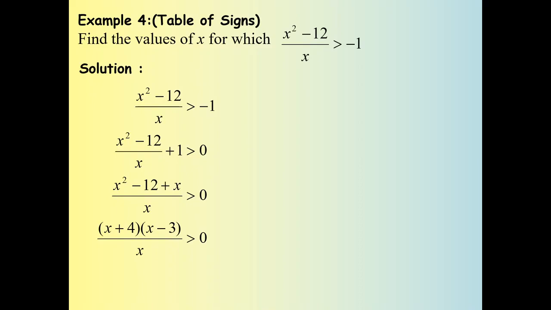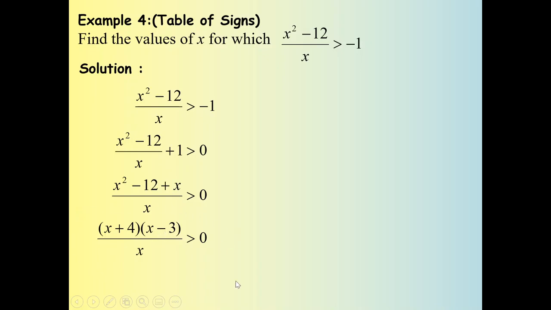Example number 4. In this example, we are going to use the table of signs method to solve this inequality. Find the values of x for which (x² - 12)/x is greater than -1. Bringing -1 over to the left hand side, simplify, and then we factorize the quadratic expression at the numerator.